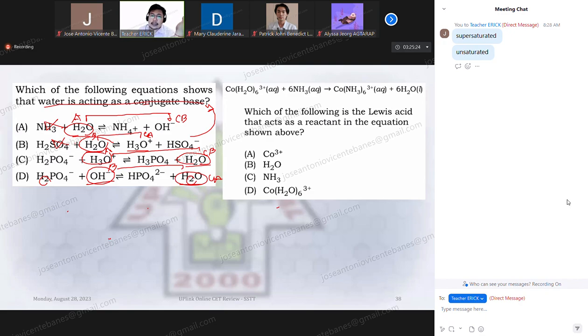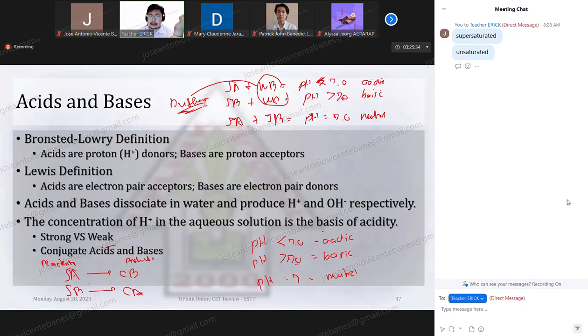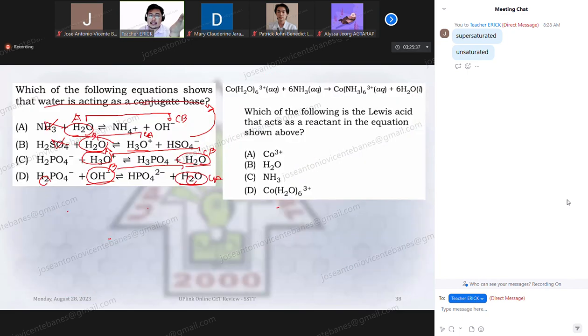Water cannot be an acid. Why? The water did not try to accept any electron; it actually donated an electron pair. Therefore, the water here will not act as an acid. Same with ammonia. Ammonia is donating the electron pair.